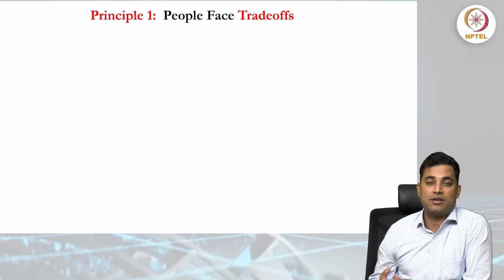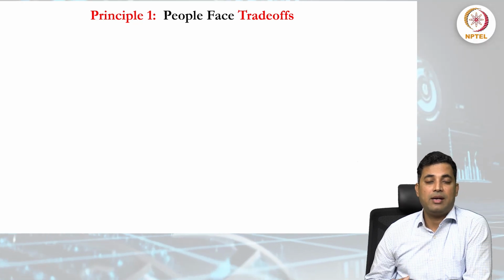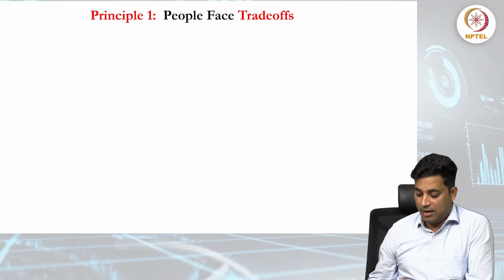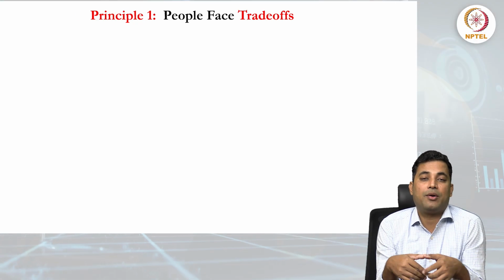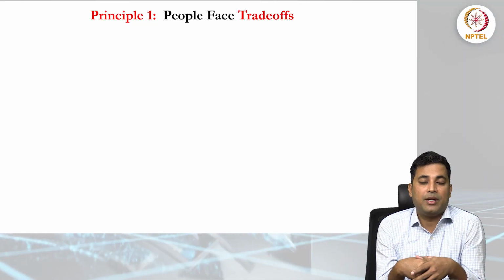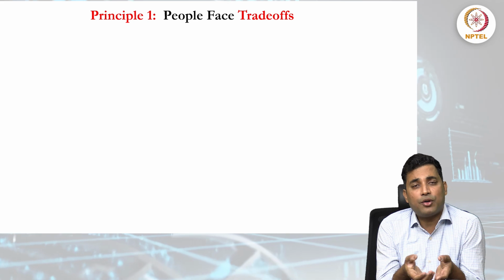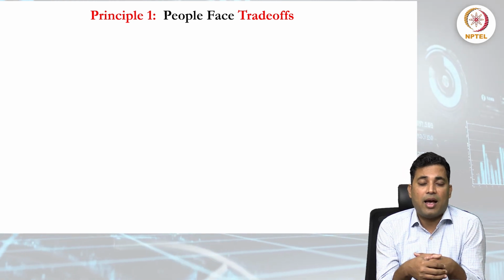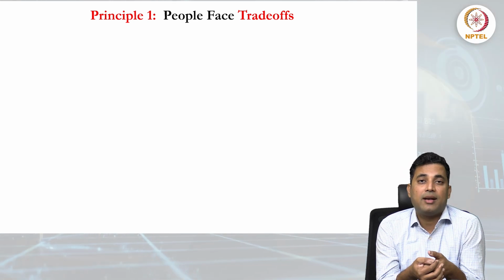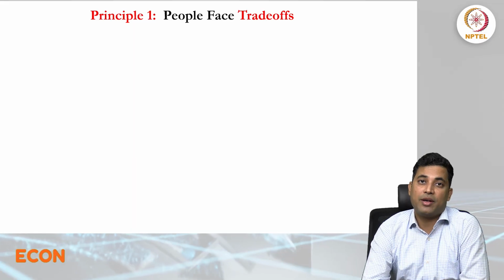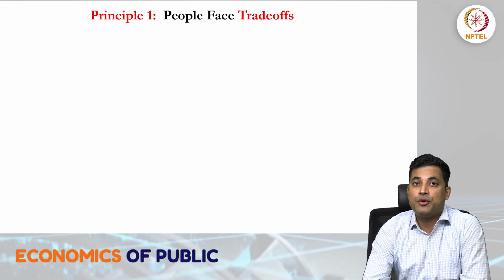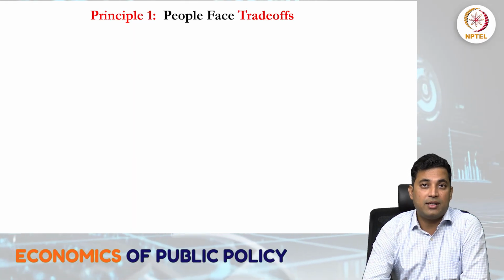So trade-off is the central argument here, and in the first lecture we discussed that trade-off is very important when resources are scarce and wants are unlimited, and then you have to make a choice between alternatives.